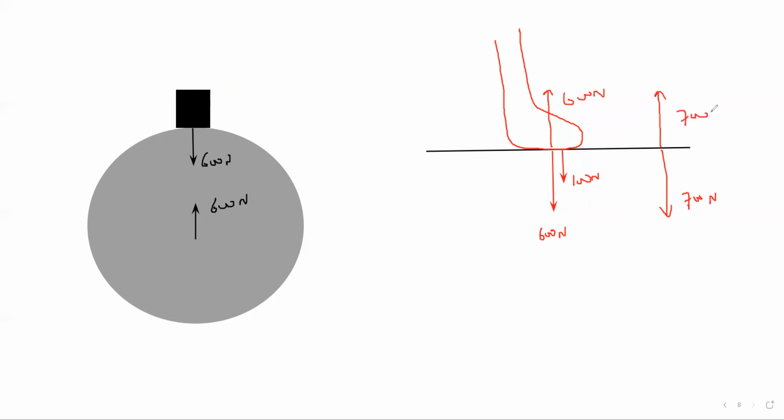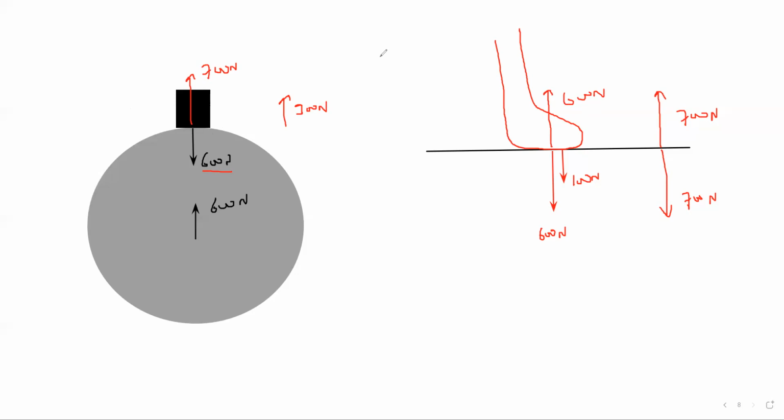The total upward force from the ground will also be 700 Newton. Now when you check, the gravitational pull is 600 and the ground is applying a force of 700. So in which direction do you have a resultant force? You have a resultant force in the upward direction, which is 100 Newton. That's why you will change state or accelerate upward.